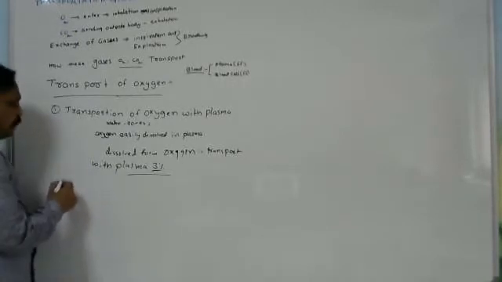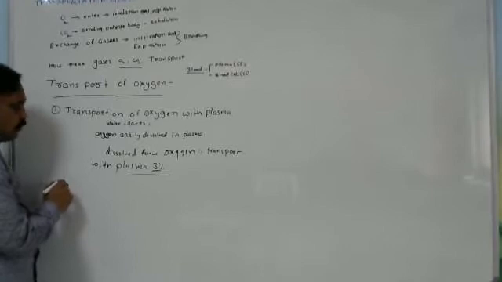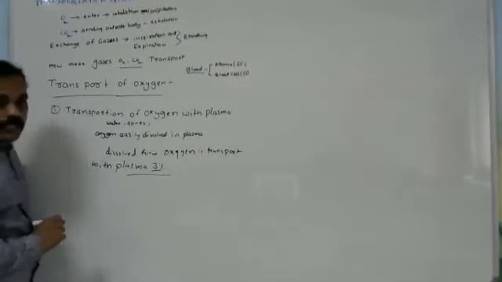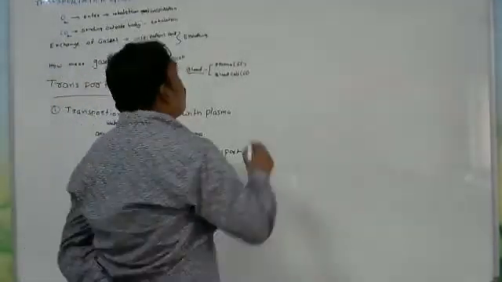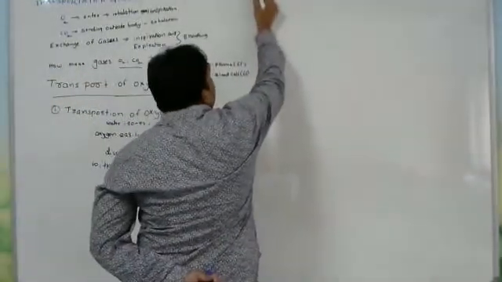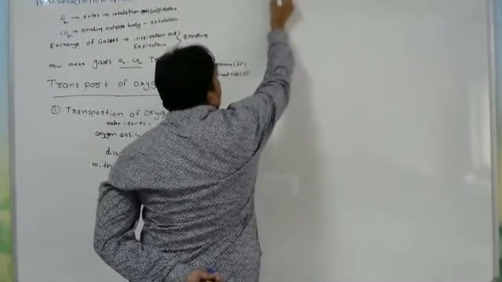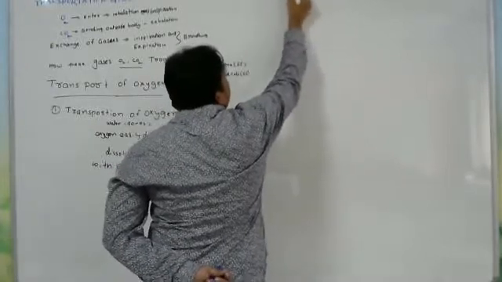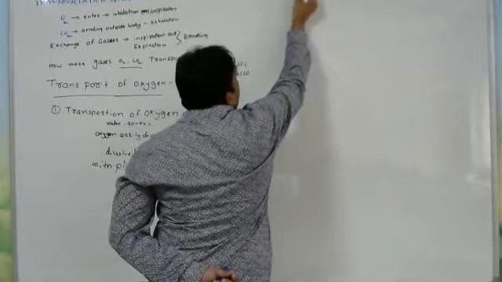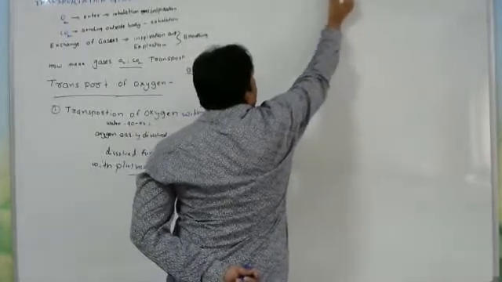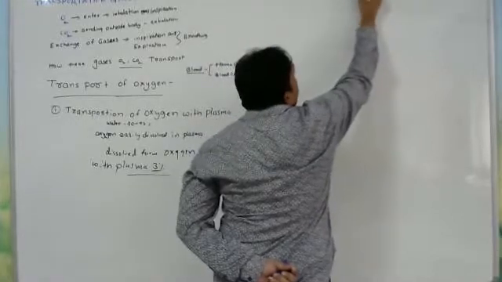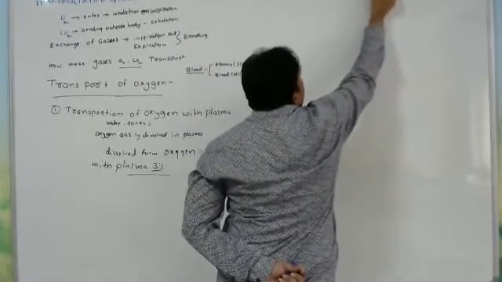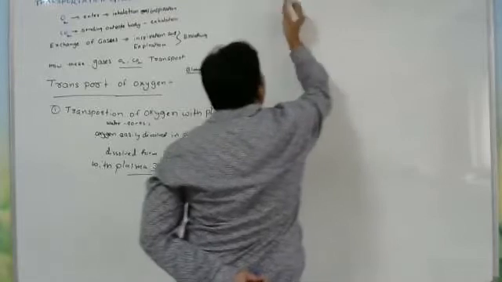What is the second concept? Most of the oxygen, up to 97%, is transported with hemoglobin in RBC.